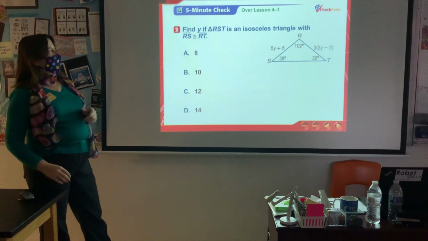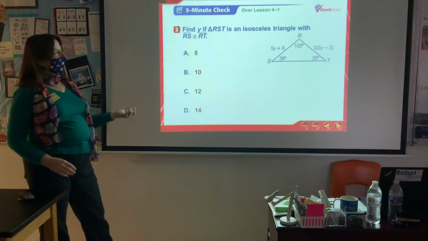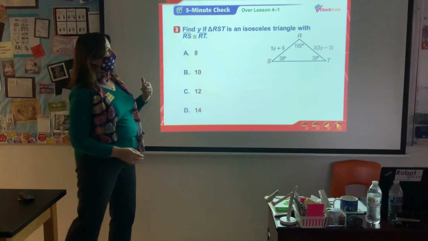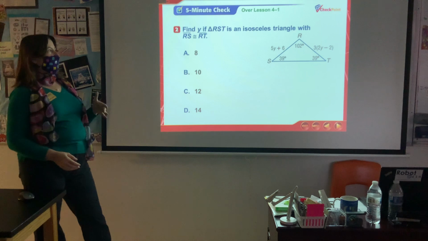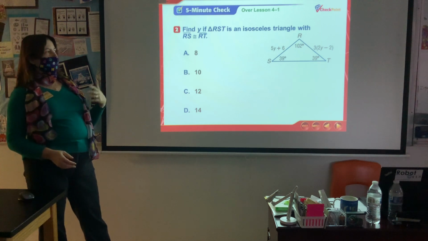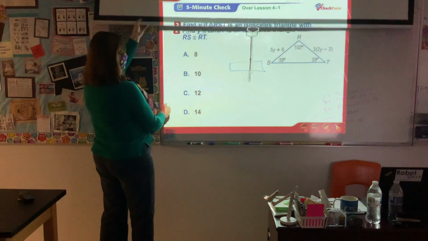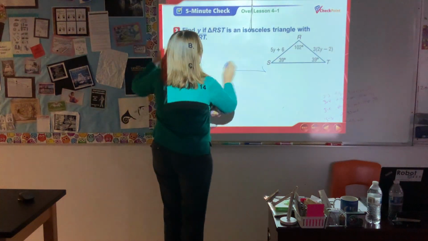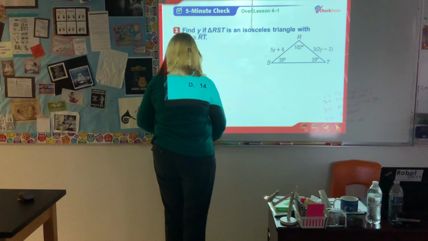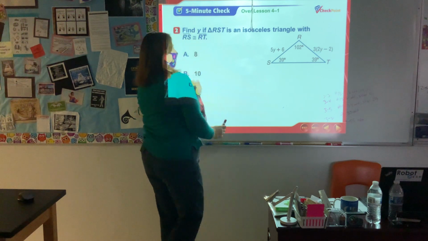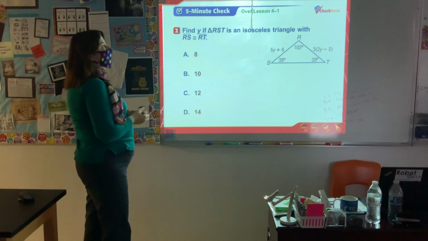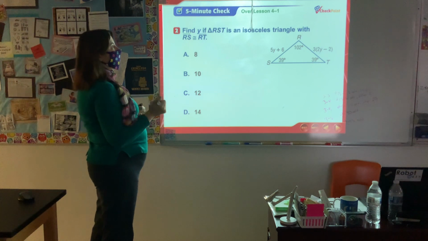Okay. Find y if RST is an isosceles triangle with RS congruent to RT. So here we have to determine what y is. Okay. So how would I do that? So that's an equation. Set up an equation.